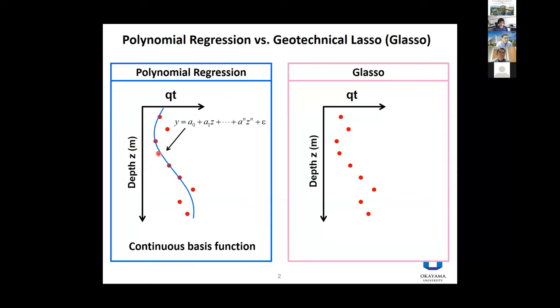And since the basis function is continuous, you can get a smooth curve. On the other hand, in G-lasso, the trend among the data is modeled by the combination of piecewise functions. Unlike continuous basis function-based methods, piecewise functions can capture abrupt changes in the data. So this is a big difference between the two methods.